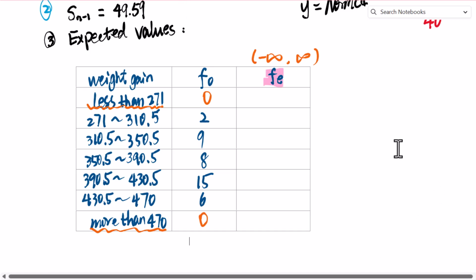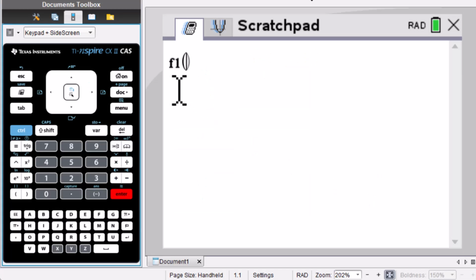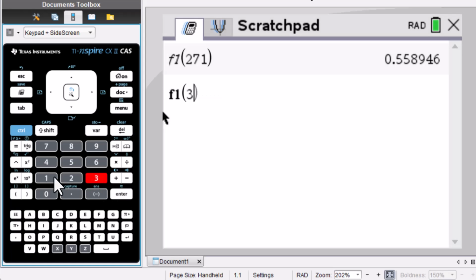Let's go to, we will put F1 of 271 to get this expected frequency. Variable again, 310.5.